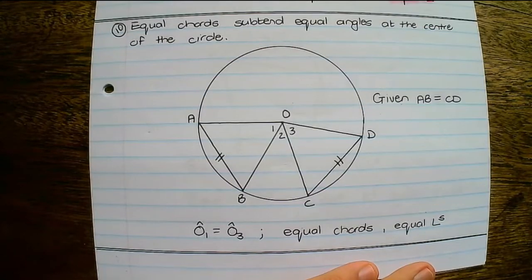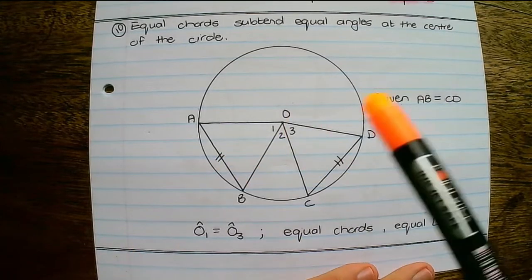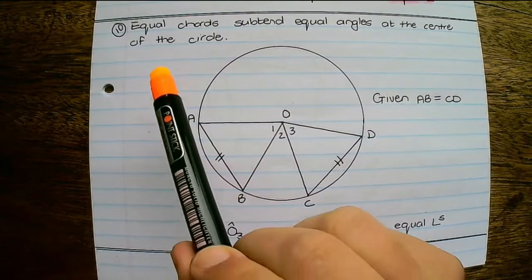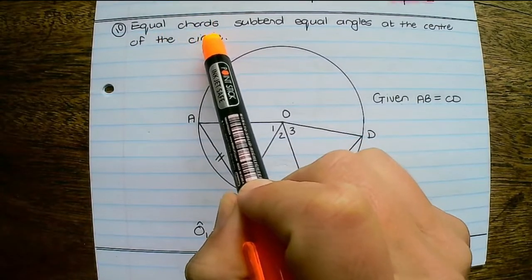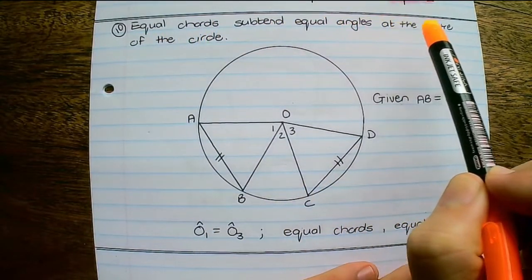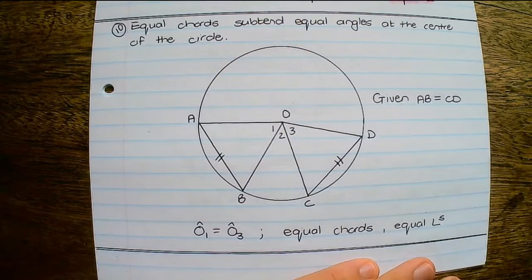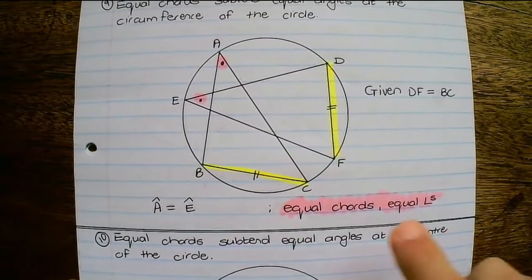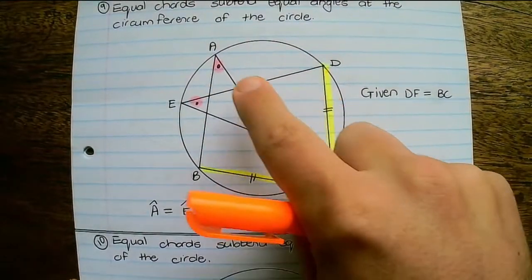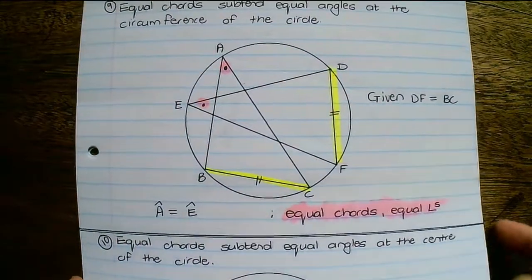The next one is not very often shown in class or very often practiced, but let's discuss its properties. It says that equal chords, like we had in our previous example, subtend equal angles at the center of the circle. So in our previous example, we had equal chords going to the circumference of the circle.